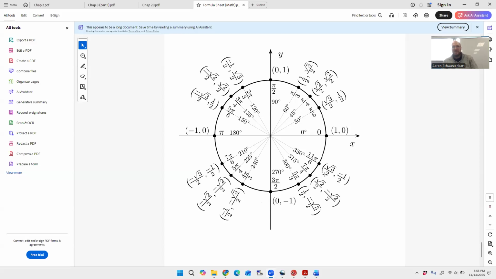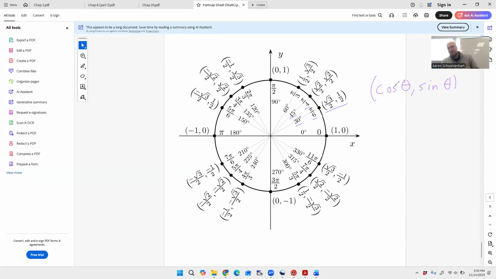Now we're going to look here for a second. This is our unit circle. Our unit circle is a very useful tool. It's got the x and y coordinates, and the cosine of whatever angle is the x coordinate. The sine of that angle is the y coordinate. The angles are given on this unit circle in both radians and degrees.